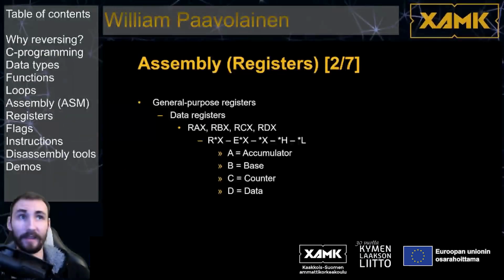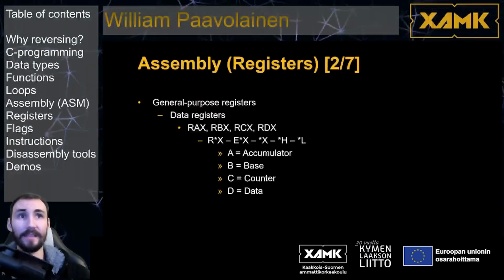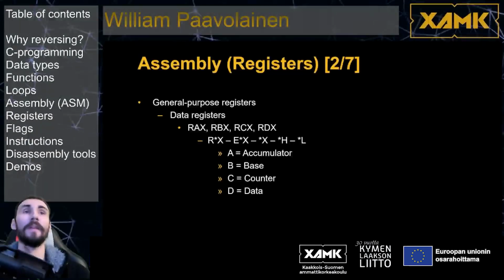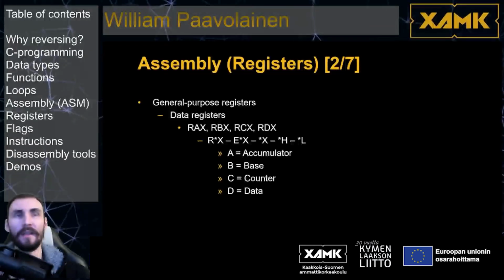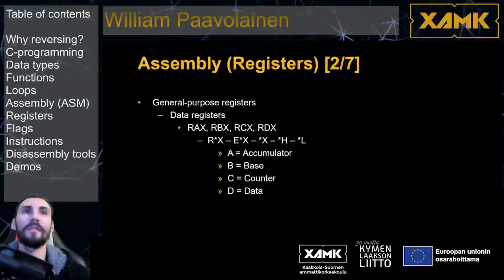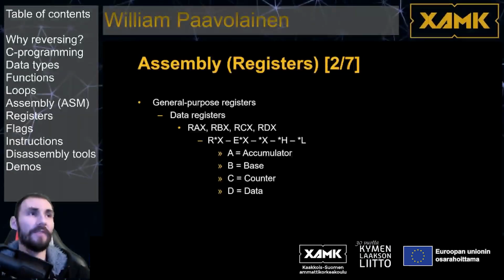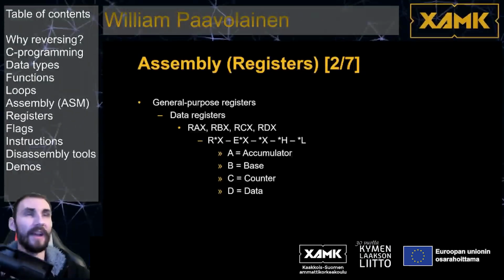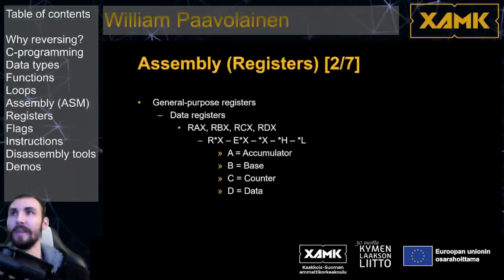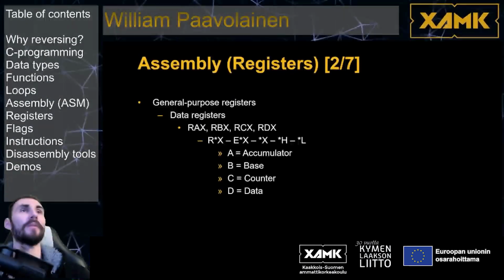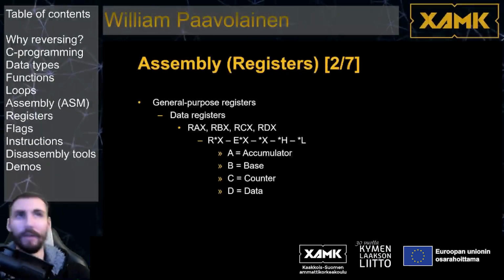So A is accumulator, we have B as in base, C counter, D data. But we can use these registers pretty much however we like. It's good to know that mainly every single function returns their value into the A register. That will be important later, but we will look through a demo of that one as well.